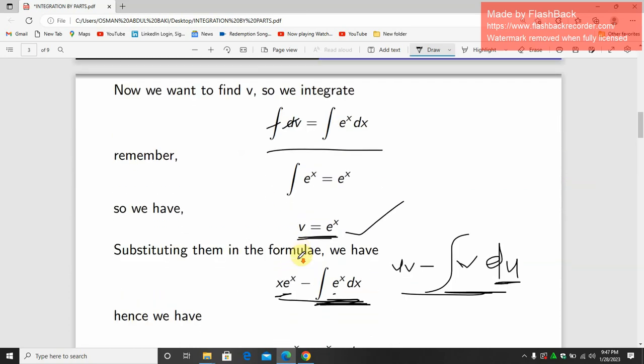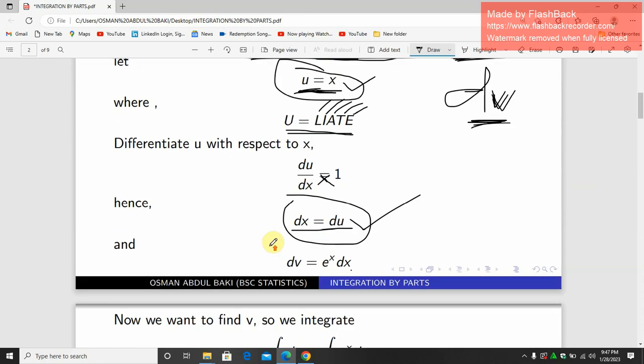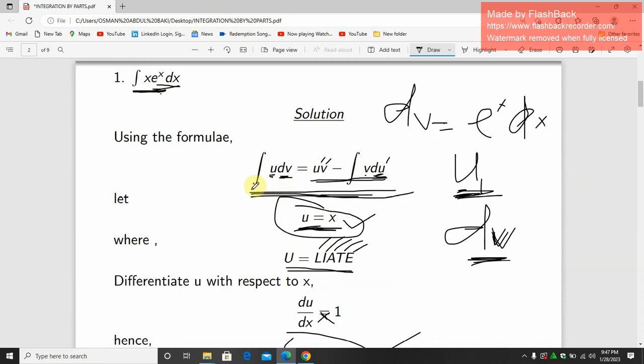Now you come back to the formula that I have given to you. This formula is very important, because the integration by parts formula is what you'll be using each and every time if the integral, be it improper or proper, states you to use integration by parts, or if you see the question as an integration by parts.